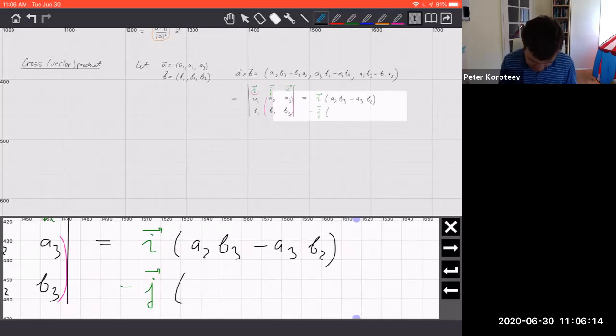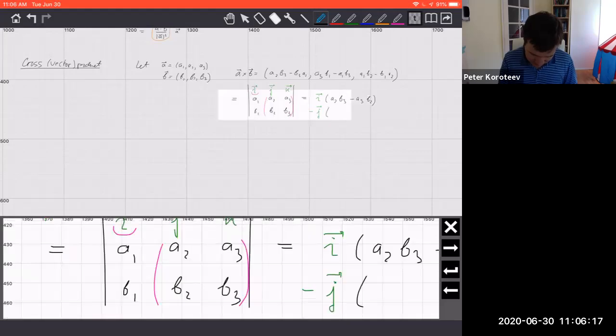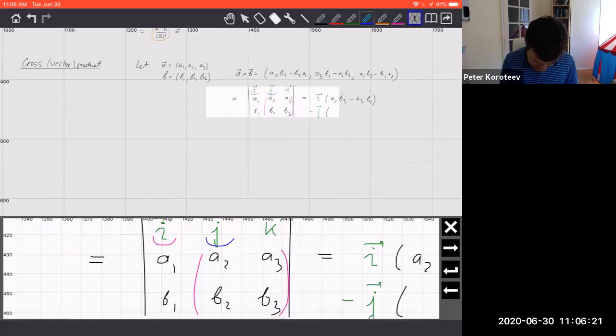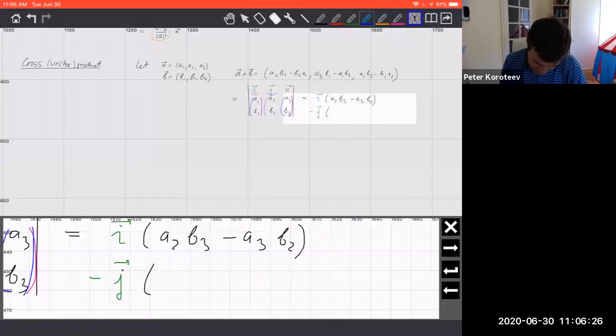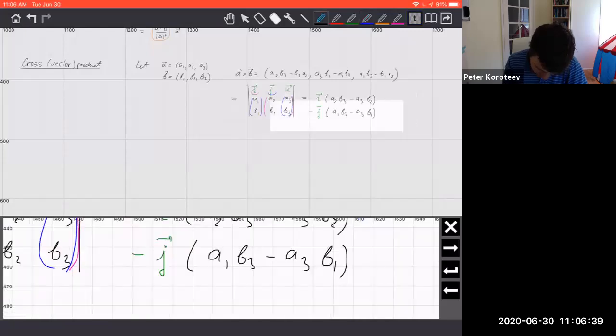When you do J, you take the matrix formed by first and third columns. So that's minus J times A1 B3 minus A3 B1, and plus K times the remaining minor A1 B2 minus A2 B1.